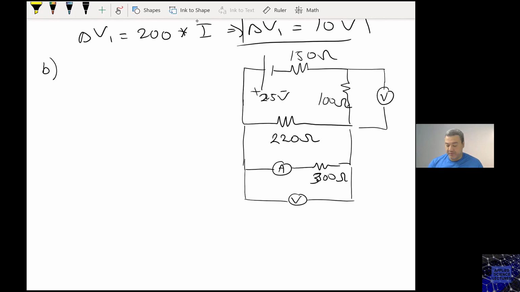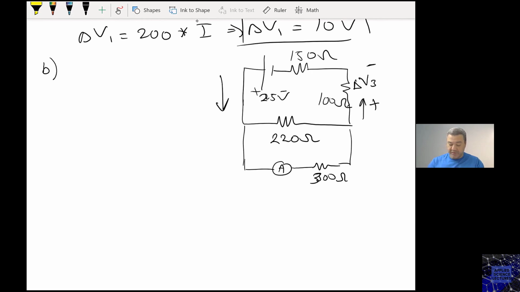So, as I said, I can replace this one where I have the current here going in this way. Then I will come back at this point here. So I will put my delta V, let me call this one delta V3. I have it here across the 300 as delta V2.